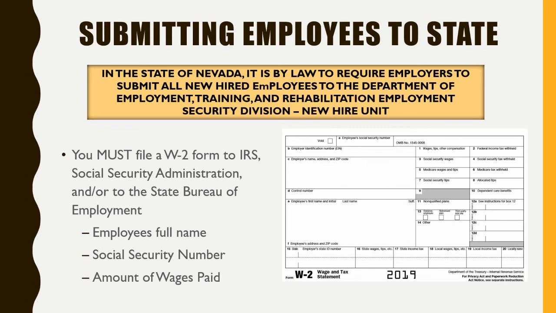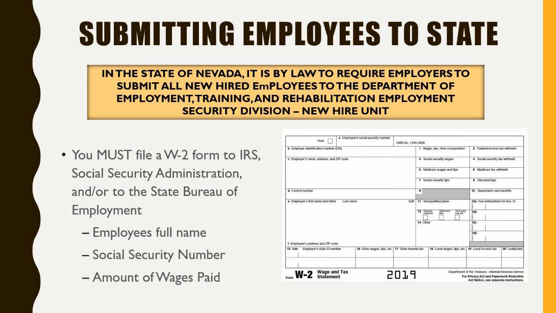Now, before you get confused, there are two W-2 forms. The company must submit the W-2 form to the Department of Employment. Then at the end of the year, when you file your own personal taxes as an employee, you are obligated to also get a W-2 form from the employer.